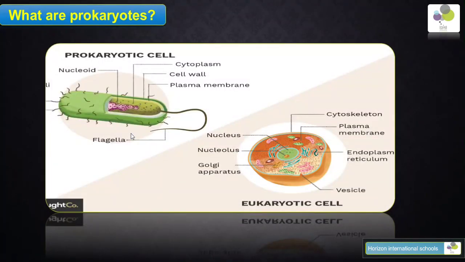What are prokaryotes, guys? Prokaryotes are single-celled organisms like bacteria and archaea. So they are found everywhere. They have a cell wall, and they don't have nucleus and even membrane-bound organelles. Membrane-bound organelles, which means the organelles of the prokaryotes are not surrounded by membrane.